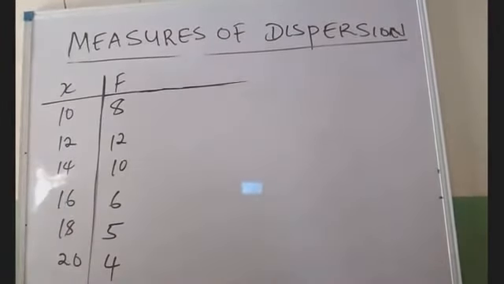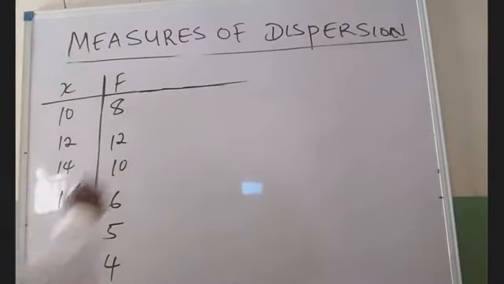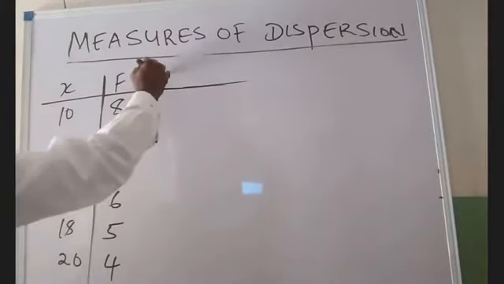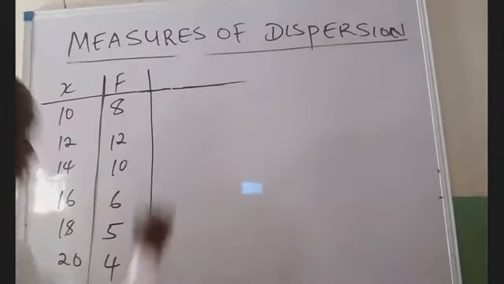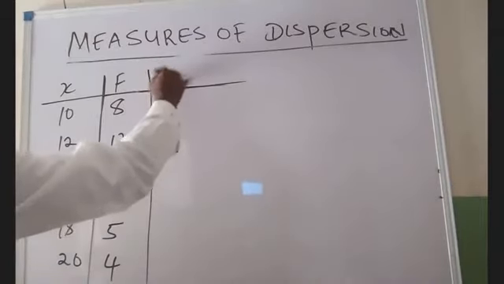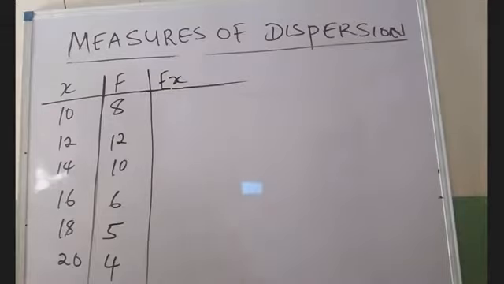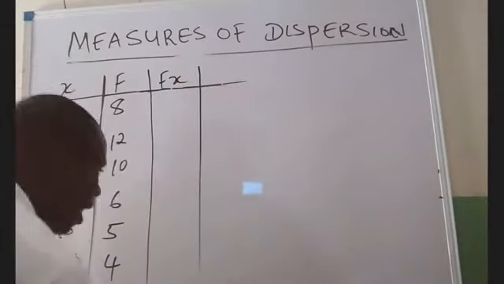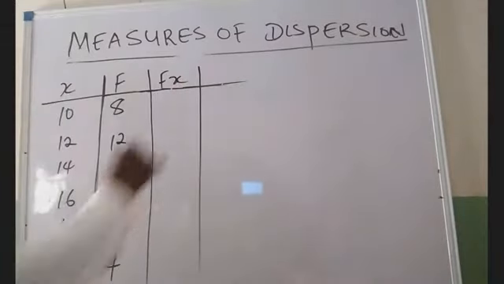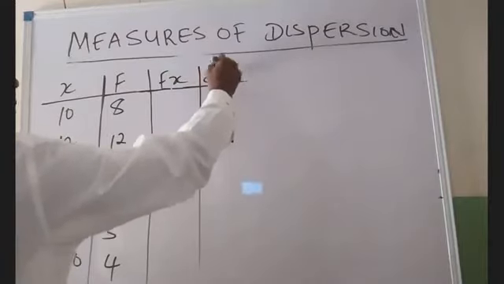Now let's look at this. x is the masses of chicken and frequency is the number of chicken. So the first thing we need to do is to find the mean. To find your mean, you find fx. Then after that, we find the deviation.